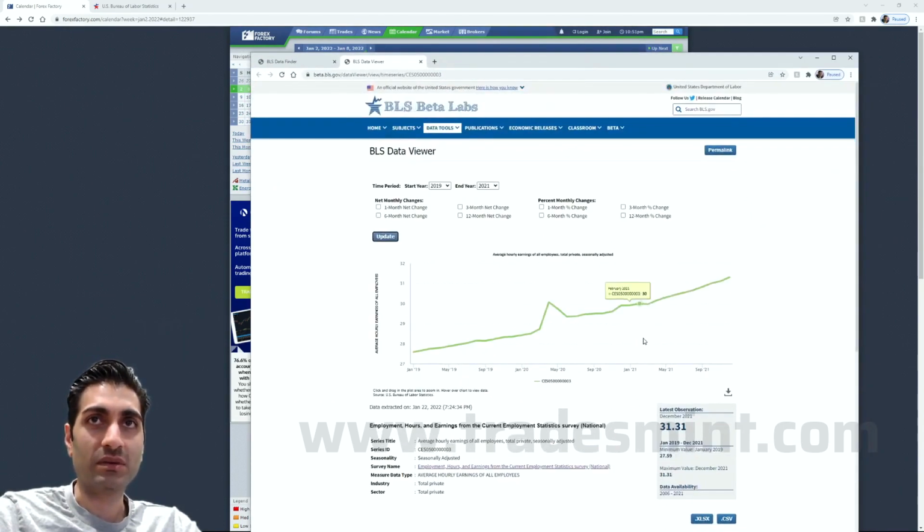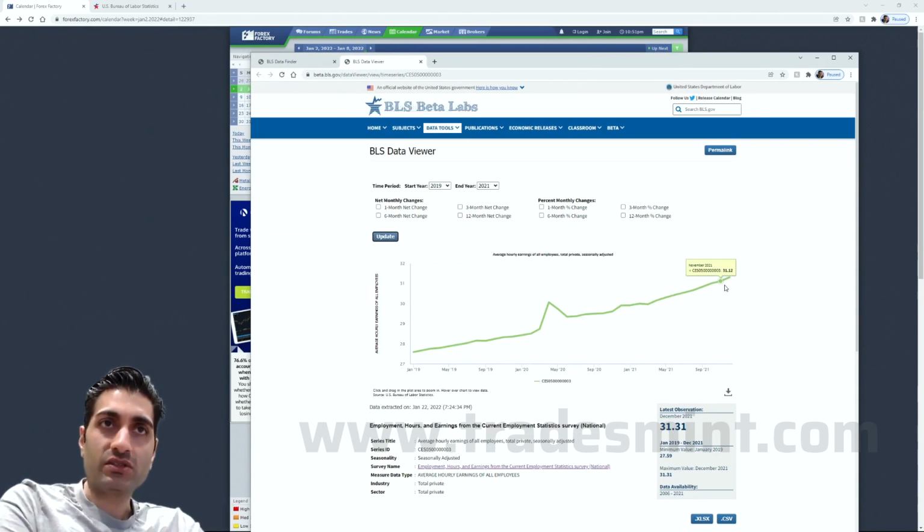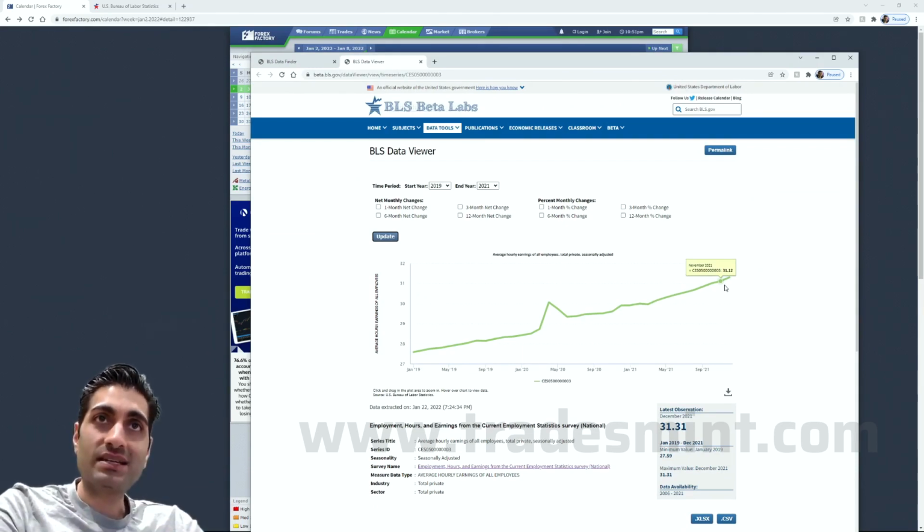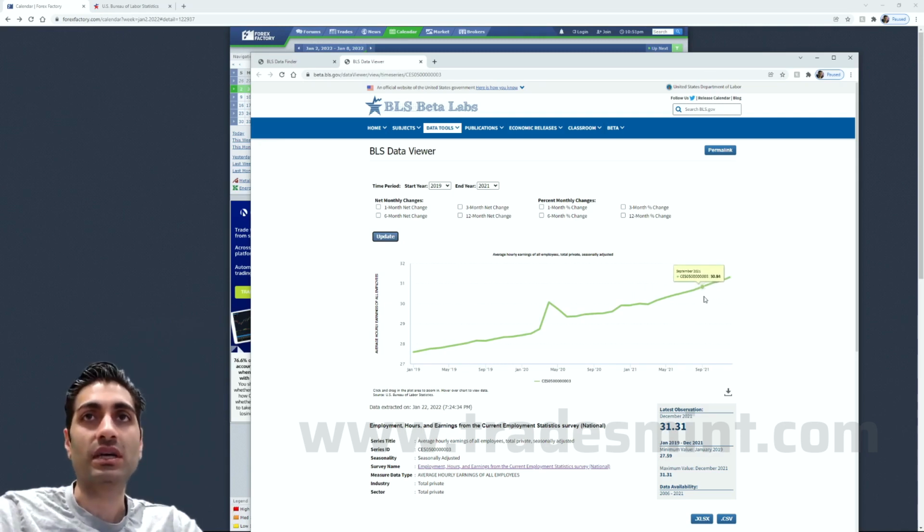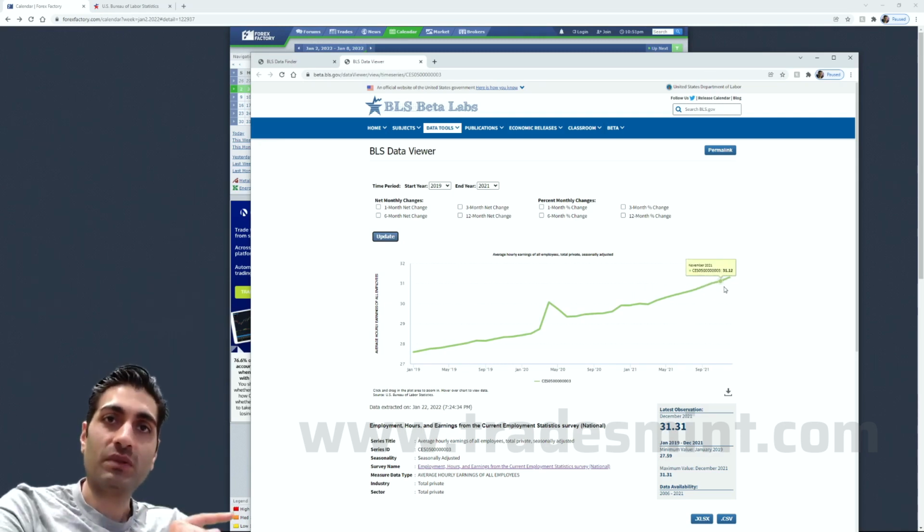Do they have a clue what it means? No. What it's basically saying, average earnings. Can you see why the Fed looks at this as inflation? Because right now, the average earnings of all employees in the private sector, seasonally adjusted, is $31.31 an hour. Okay, that has gone up from the month before, which was $31.12.